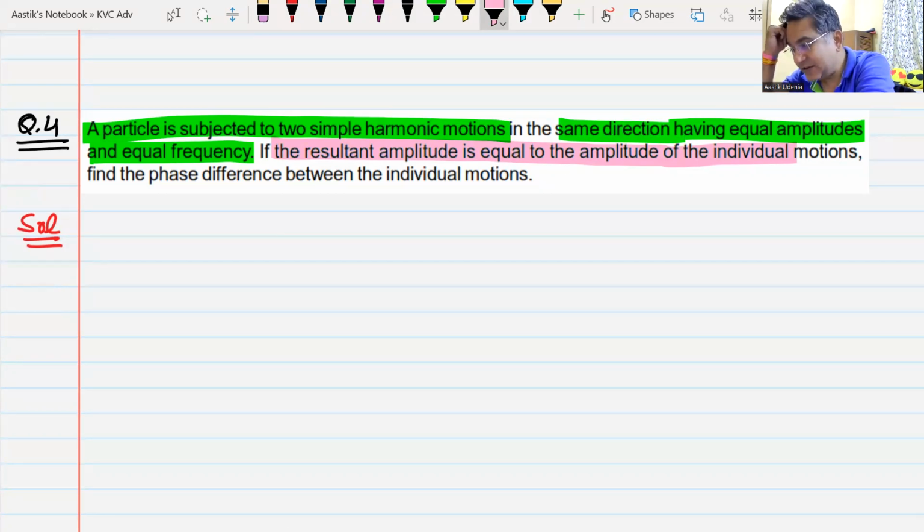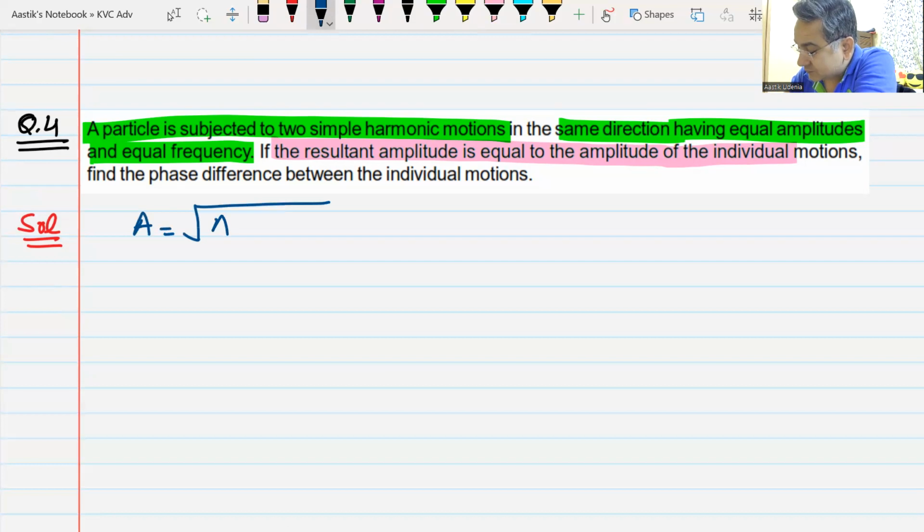What is the angle between the two vectors? Remember any question like this in vectors? Sir, we have not done vectors. Okay, amplitude is A, resultant amplitude is A. That should be equal to under root of A square plus A square plus 2 times A into A cos of phi. Do we understand this?